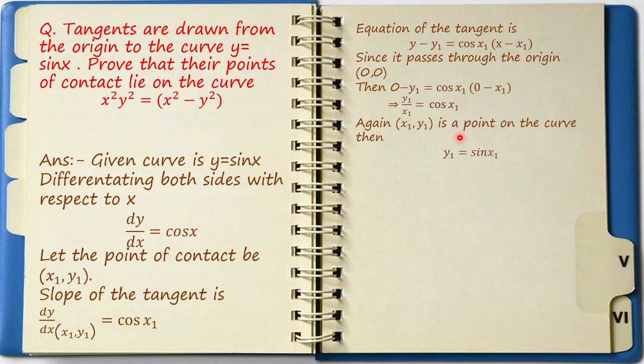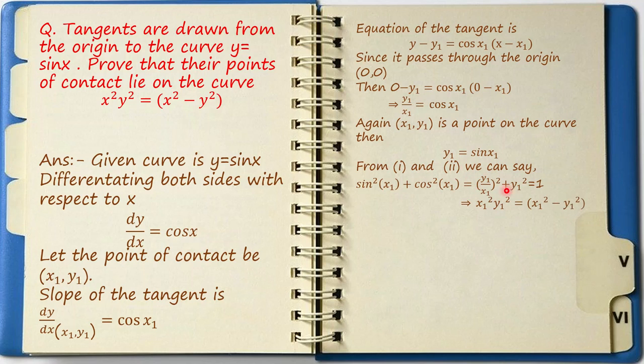Now since (x1, y1) is a point on the curve, it will satisfy the equation of the curve also. So now squaring these two equations on both sides and adding, we will find sin square x1 plus cos square x1 is given by y1 square by x1 square plus y1 square. And we know sin square theta plus cos square theta is 1. So put the value and simplify it. You will find x1 square y1 square is equal to x1 square minus y1 square.